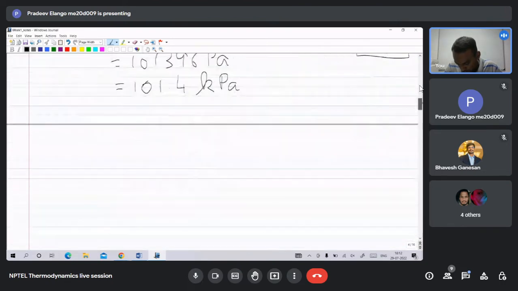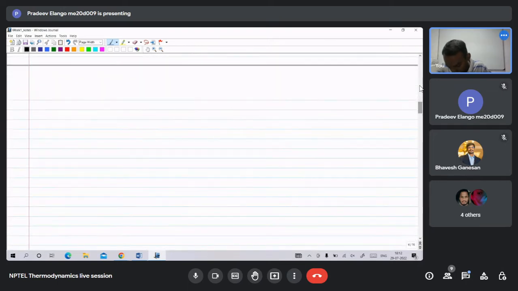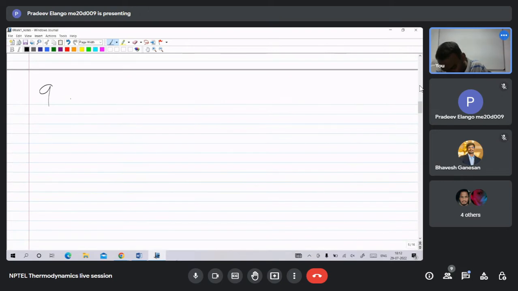So moving to the first one, 90 mm of mercury. So the total pressure is given by P atmospheric plus rho gh.